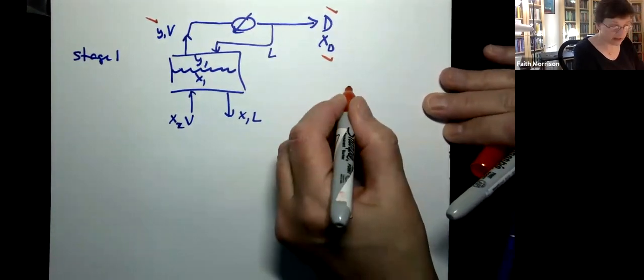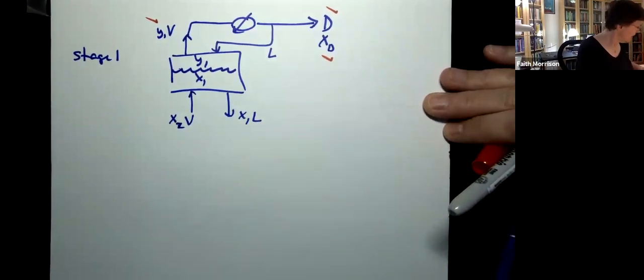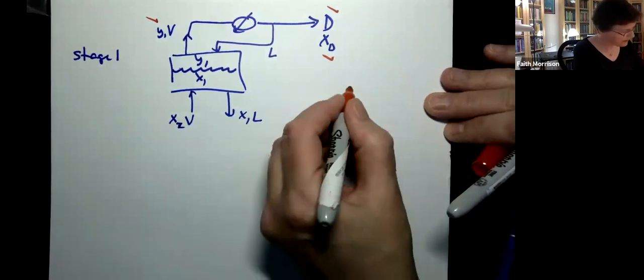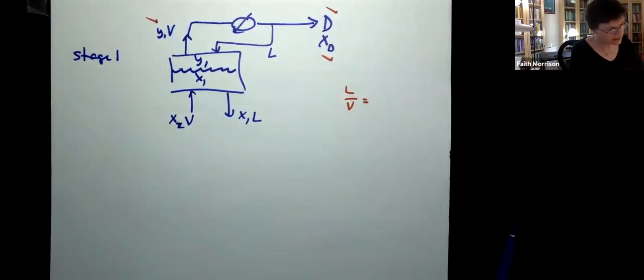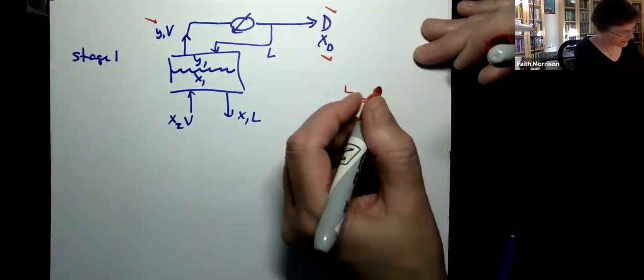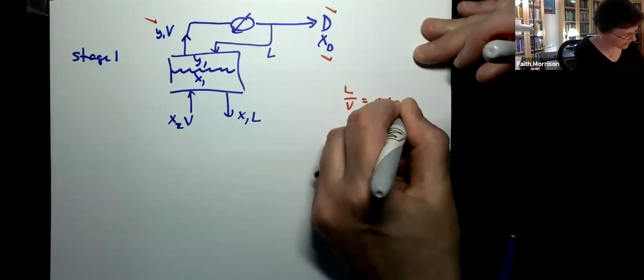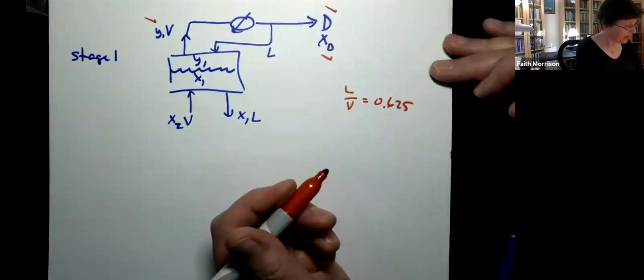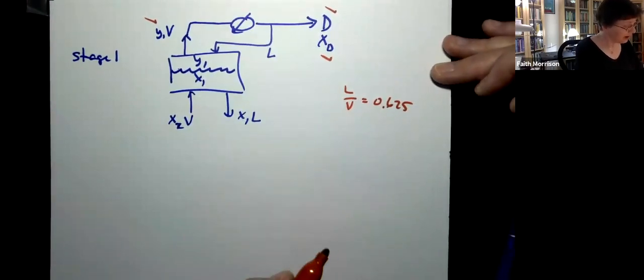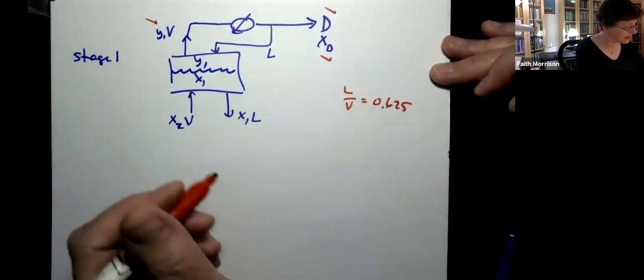Because we know the reflux ratio, L over V, and we know that number. We picked it to be 0.625. So that reflux ratio is what it is.